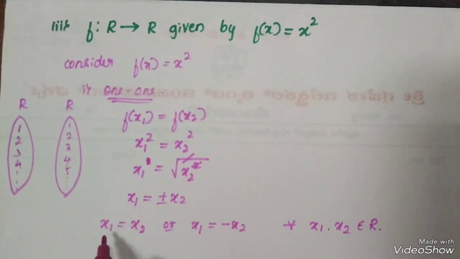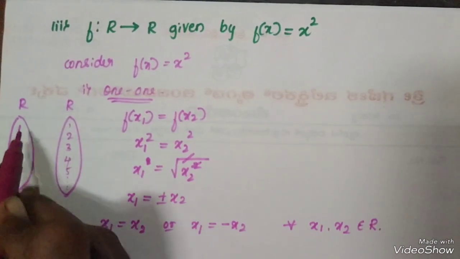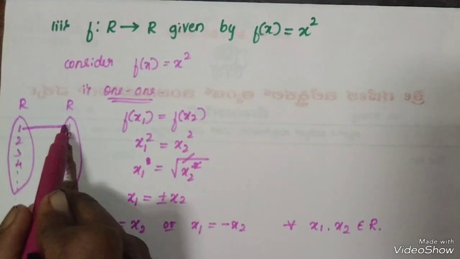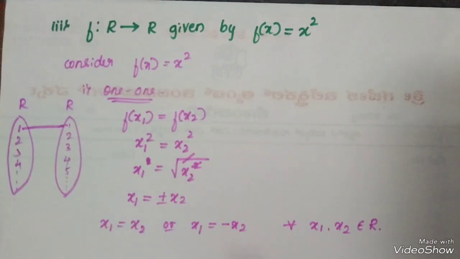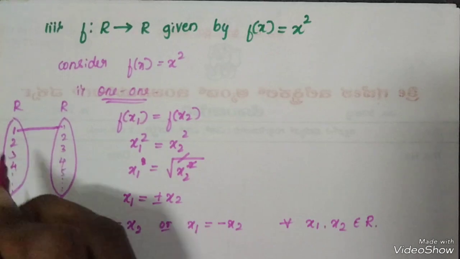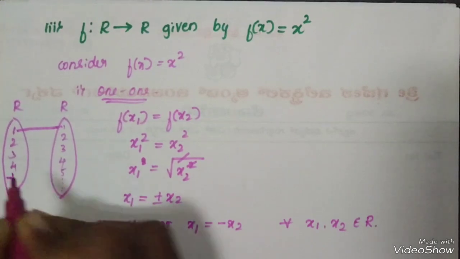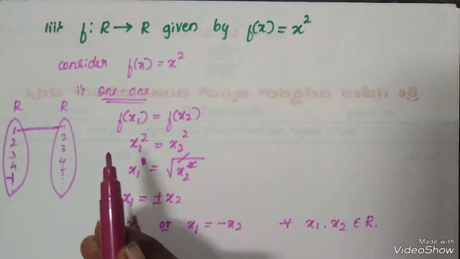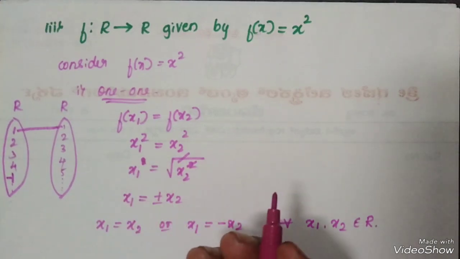Now, taking x1 equals x2, we get 1. Then x1 equals 1, and it may be minus 1 also. For example, when we substitute minus 1, minus 1 whole square will be plus 1. Plus 1 is also a real number.